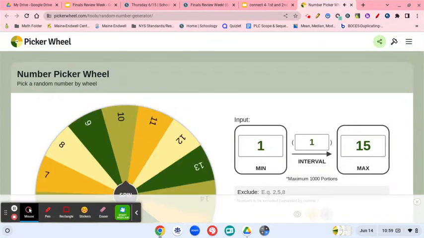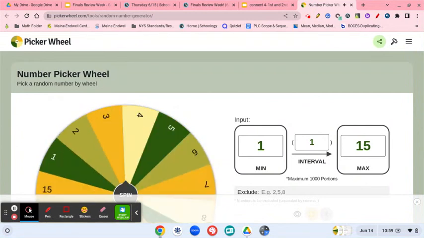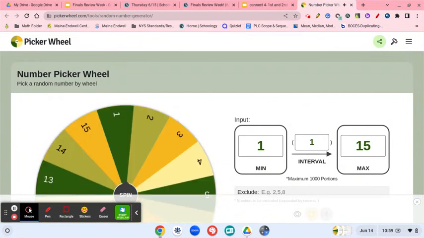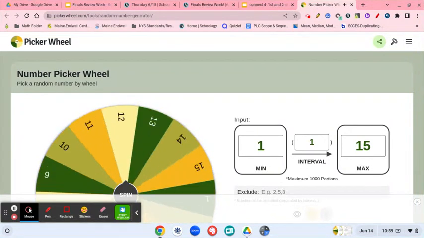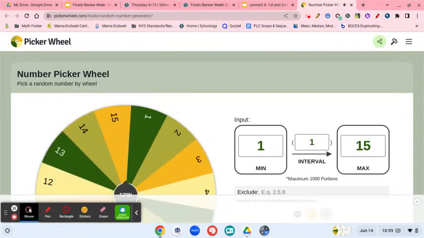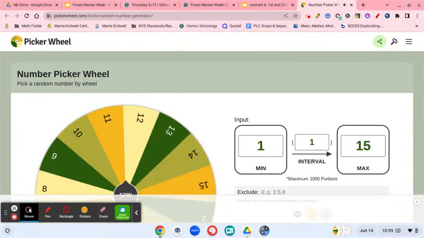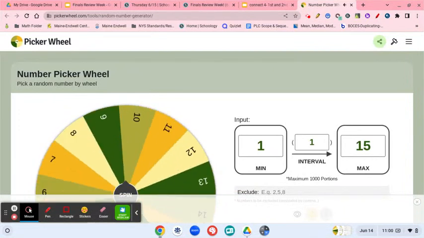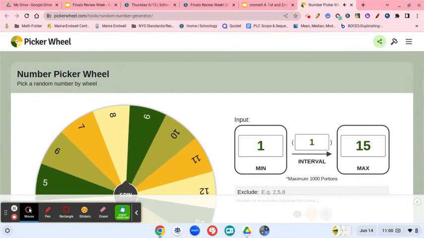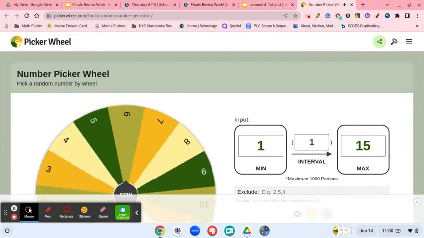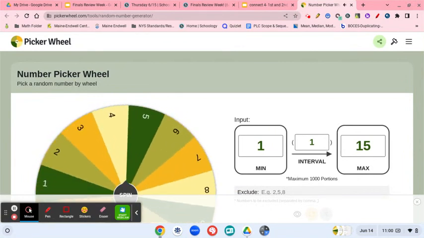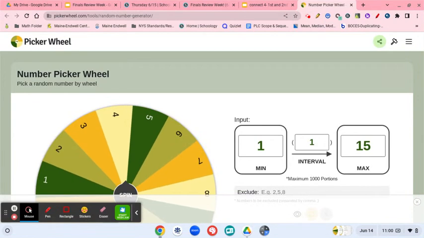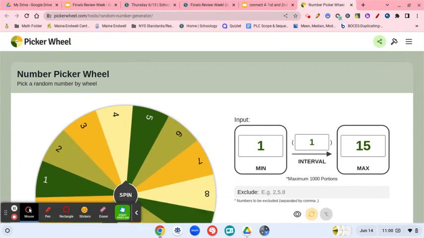It'll land on a number, and then that's the page number you open to in your study guide. So let's pretend for a minute that it's going to land on 4. Okay, so 4 will come up, and then you will turn to page 4.